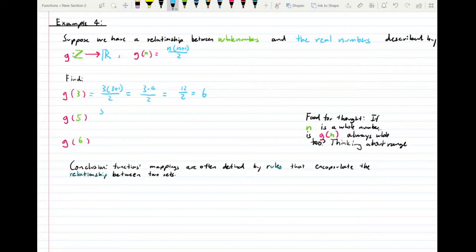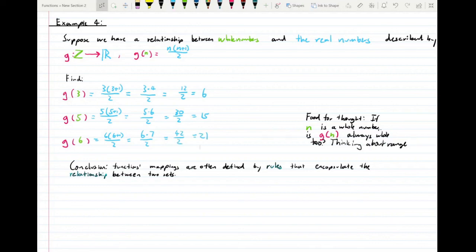Plug in again, we get 5 times 5 plus 1 over 2, which equals 5 times 6 over 2, or 30 over 2, which is 15. We've also got g of 6, which is 6 times 6 plus 1 over 2, or 6 times 7 over 2, or 42 over 2, which is 21.